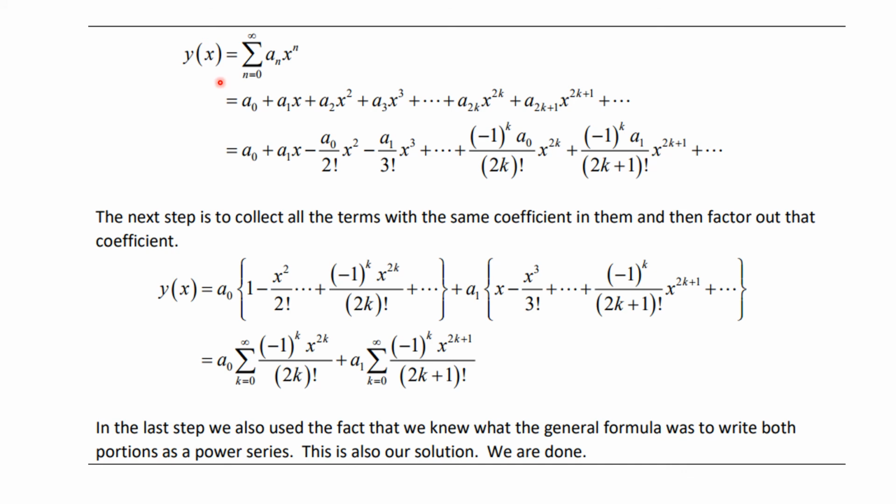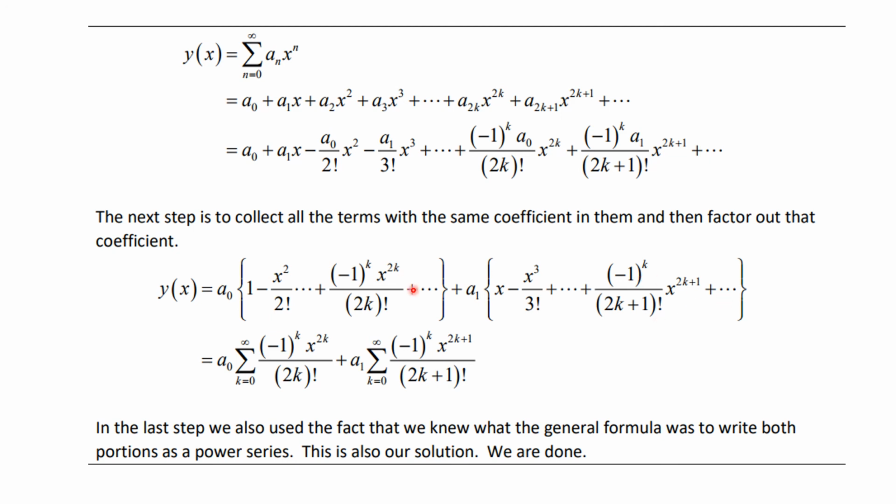So that means when I go back, I know what these look like, and I can substitute all of those values in. The dot dot dots mean I do things in between, and the last dot dot dot means I just go off to infinity. But now you see, I can collect terms. I can factor the a0 out of a bunch of the terms, and I have this left. I can factor the a1 out of the other terms, and I have this left.